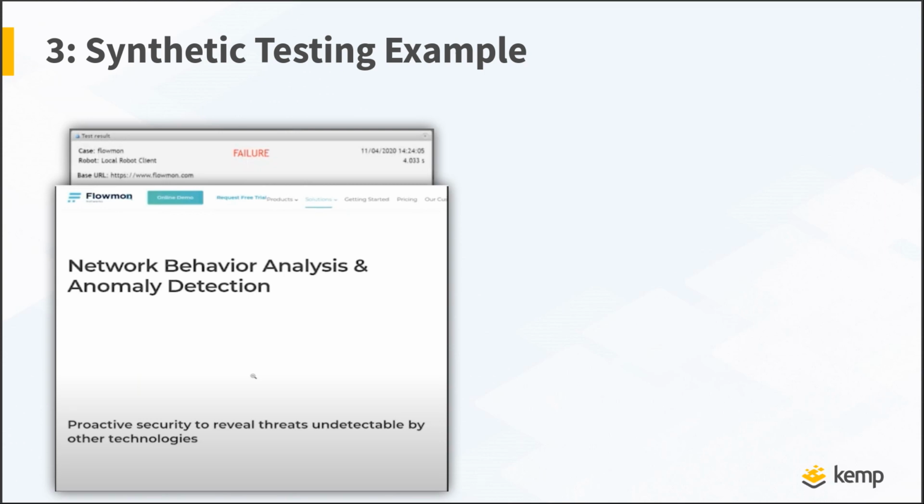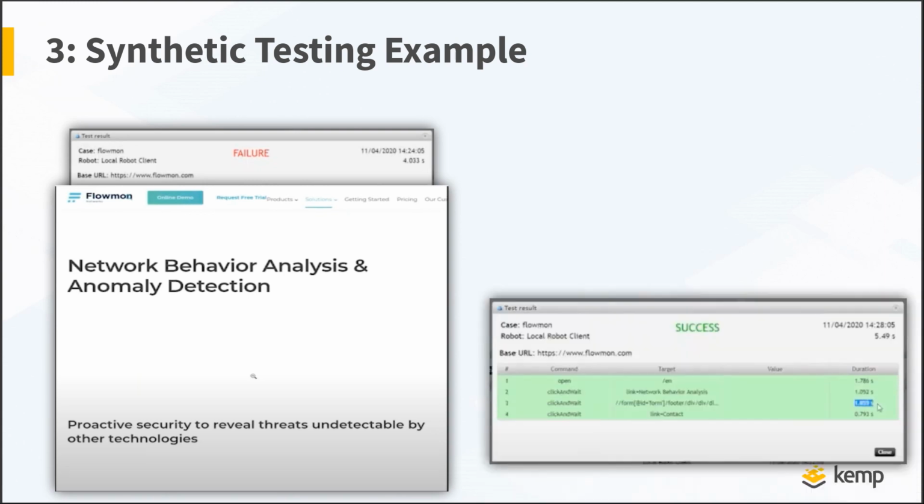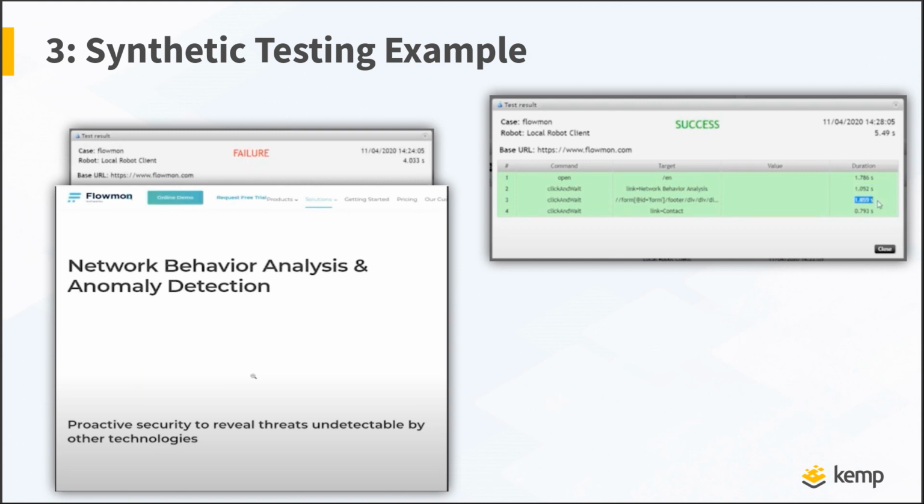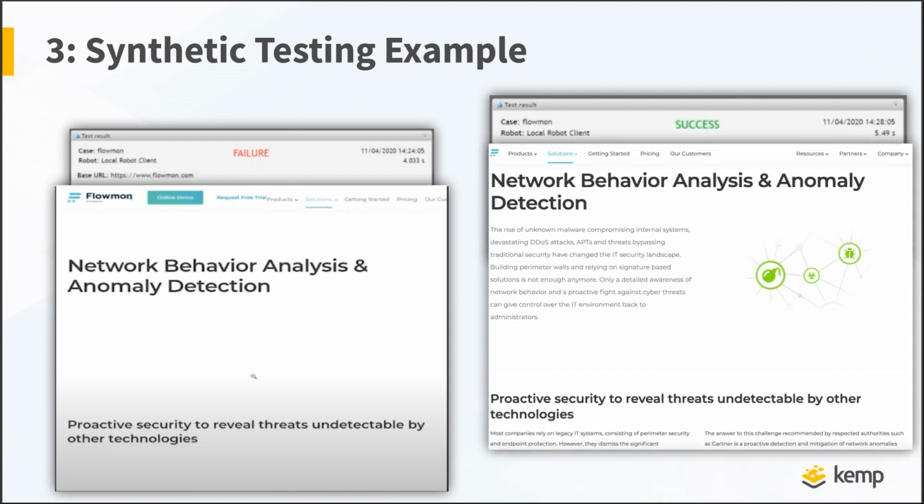In this example, this is actually a script that is testing our website. And let's have a look how it would look if there were no troubles. There are four green lines in the picture, all green. We can see on the right the duration of each transaction, of each click, and it was all green.